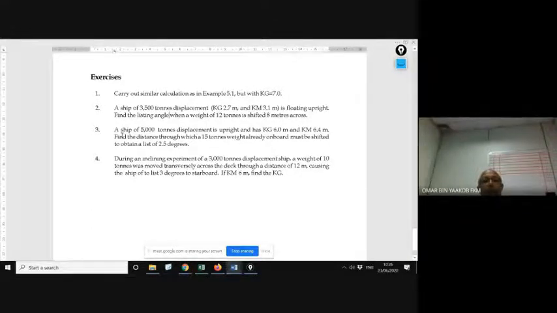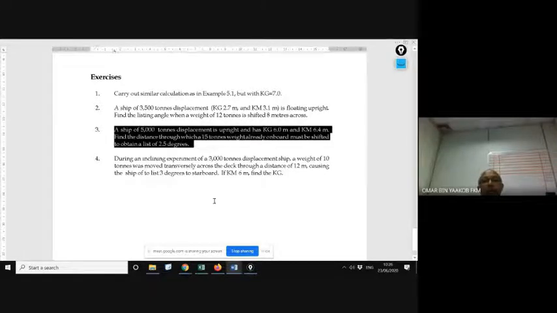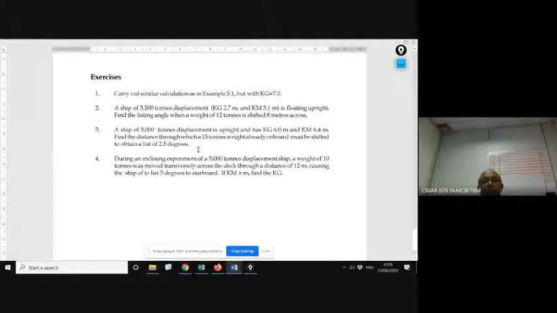But example number 3 here is a bit different because it says that we want to get the angle to be 2.5 degrees.